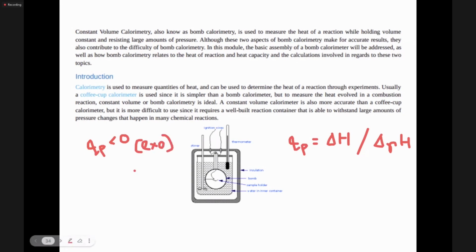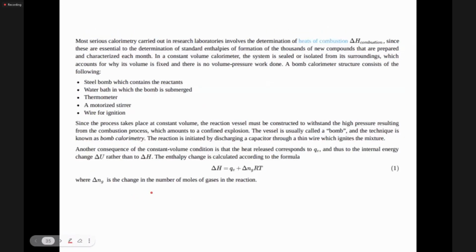And similarly, in an endothermic reaction, if heat is absorbed, so the system is absorbing heat from the surroundings, then QP will be greater than 0. So for an endothermic reaction, QP as well as delta H will be greater than 0. And for an exothermic reaction where heat is evolved during the process, QP and delta H will be negative. That will be an exothermic reaction.